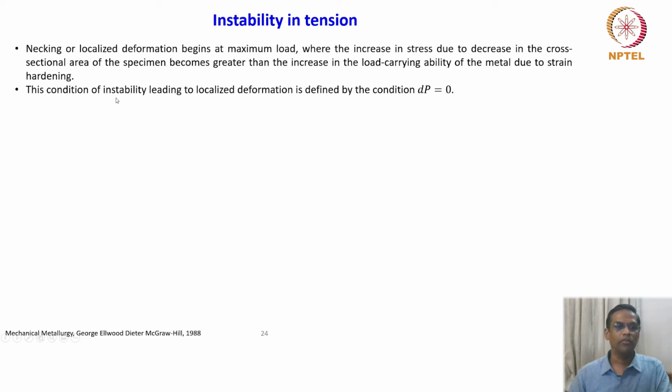That is what the strain hardening coefficient also will indicate. This condition of instability leading to localized deformation is defined by the condition dP equal to 0, the change in load at the maximum. Using this condition of instability, we will be able to derive a few more equations. P is equal to sigma A, and dP is equal to sigma dA plus A d sigma, which is equal to 0.